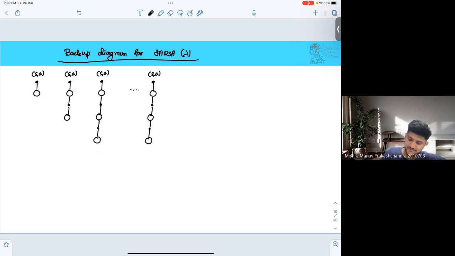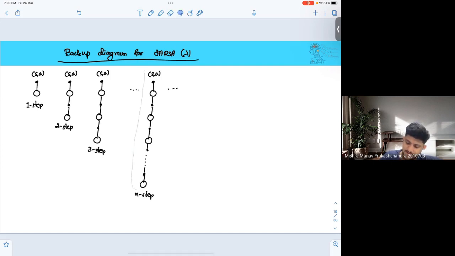This is how the n-step updates should look. This is one step, this two step, this three step, this n-step, and eventually I make it go further ahead.